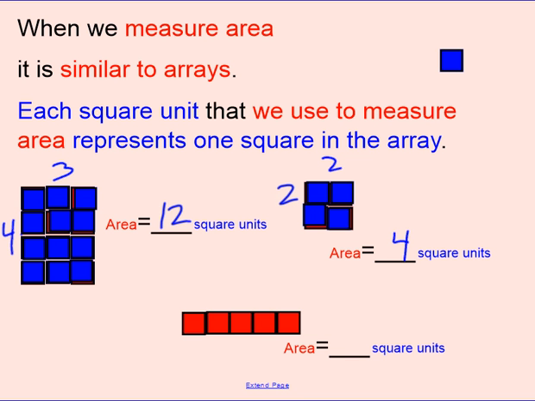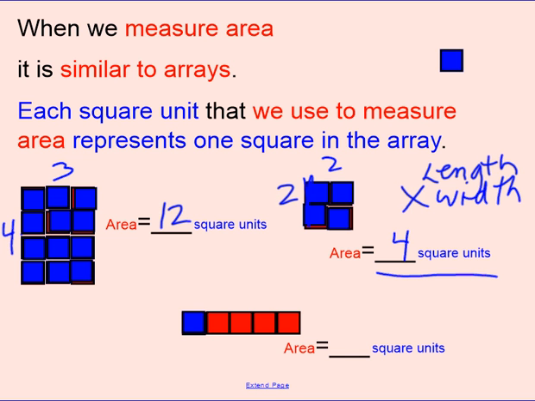And the kids begin to see that area of a rectangle is its length multiplied by its width. And that gives you the number of square units, or the measurement of the inside of the shape. So here this is a 1 by 5. I can fit 5 squares into this rectangle. It is a 5 by 1, 1 times 5. The area equals 5 square units.